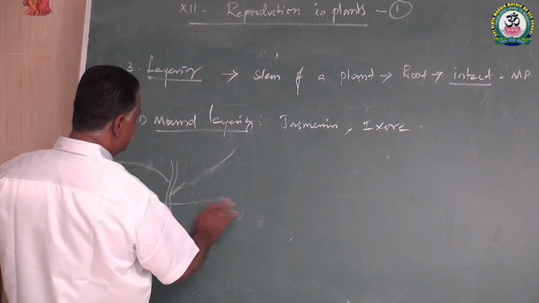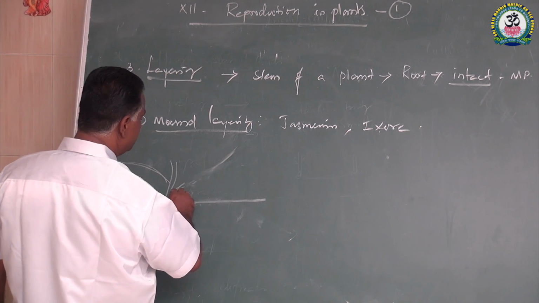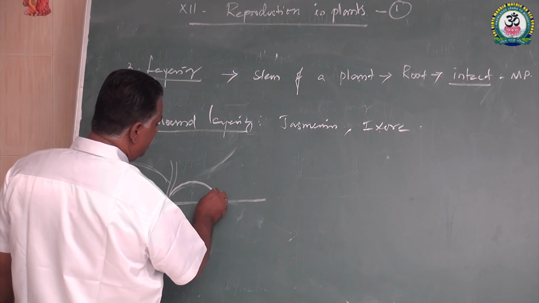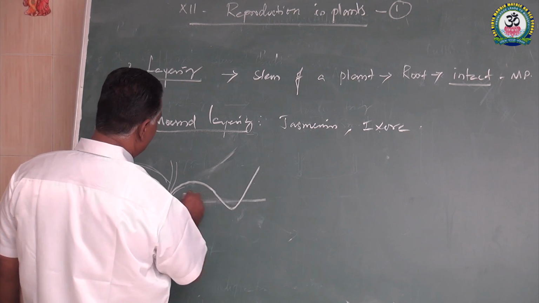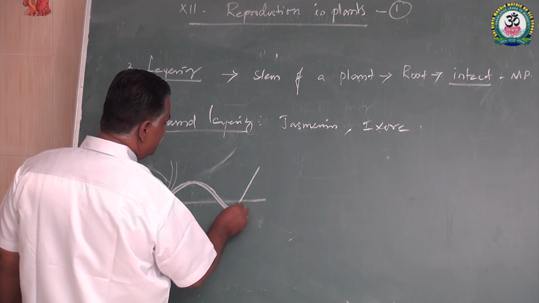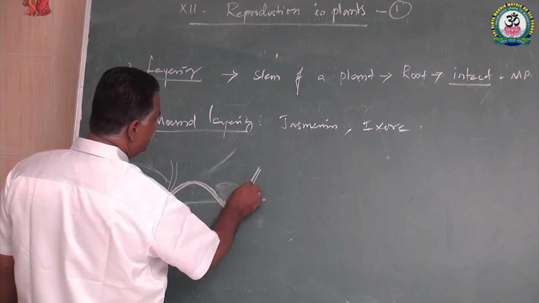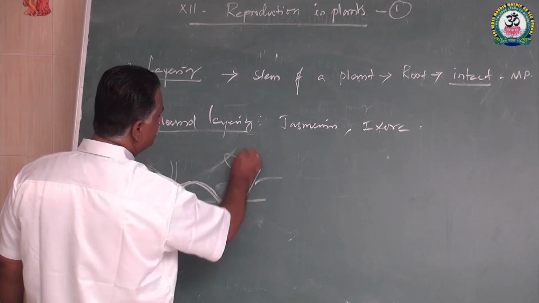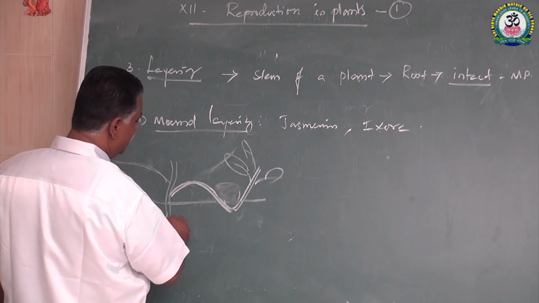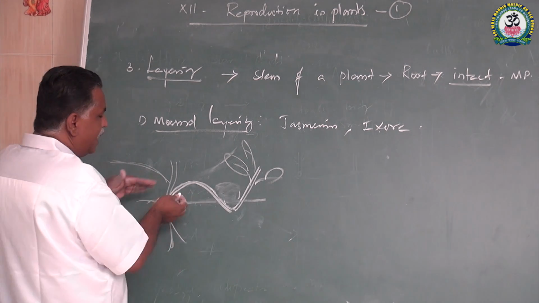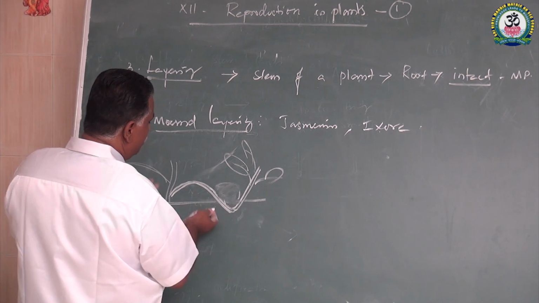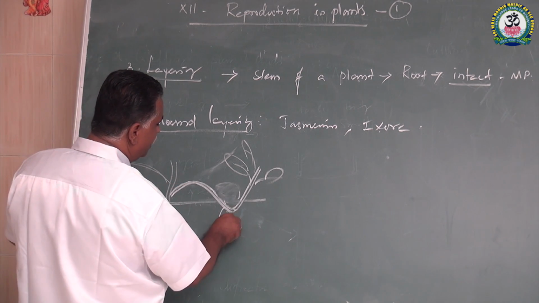They bend the branch very near to the surface and keep it bent, and this is the leafy shoot, this is the soil, and the lower branch is bent and part of it is buried inside the soil.